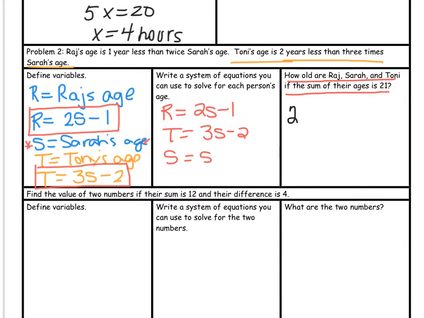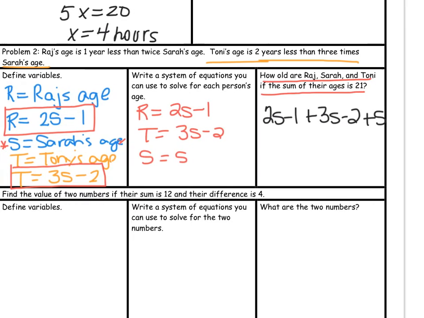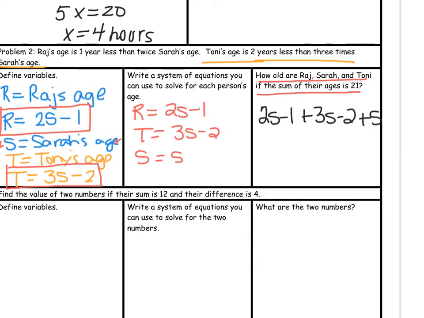So Raj is 2s minus 1, Tony is 3s minus 2, and Sarah is s, and that total needs to be 21. If we combine like terms, we get 6s minus 3 equals 21.